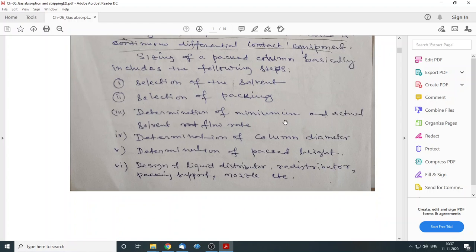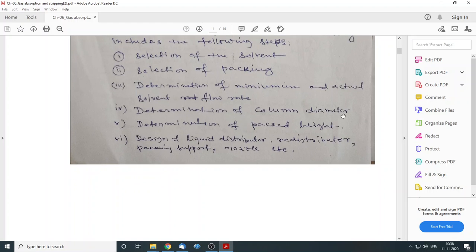Then determination of minimum and actual solvent flow rate: first I determine the minimum, then the actual flow will be 1.2 to 2 times the minimum. Then determination of column diameter, which we also discussed in chapter 5, based on the flooding condition. So these four things we have discussed.